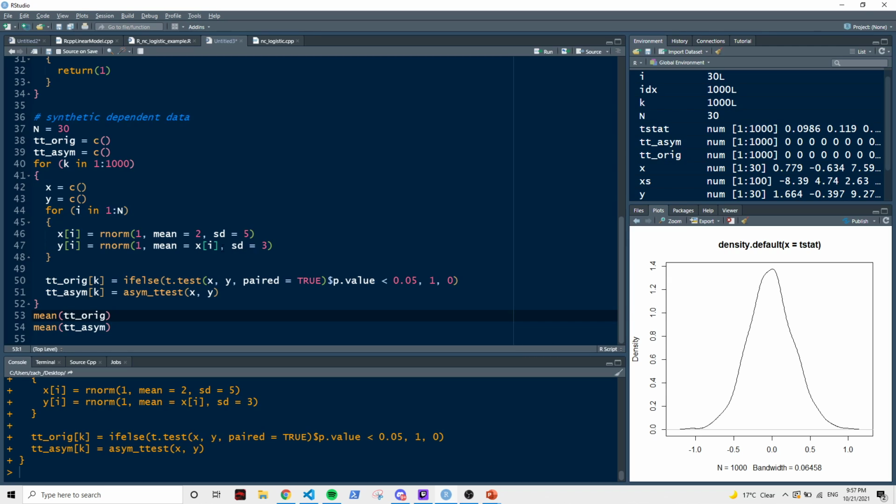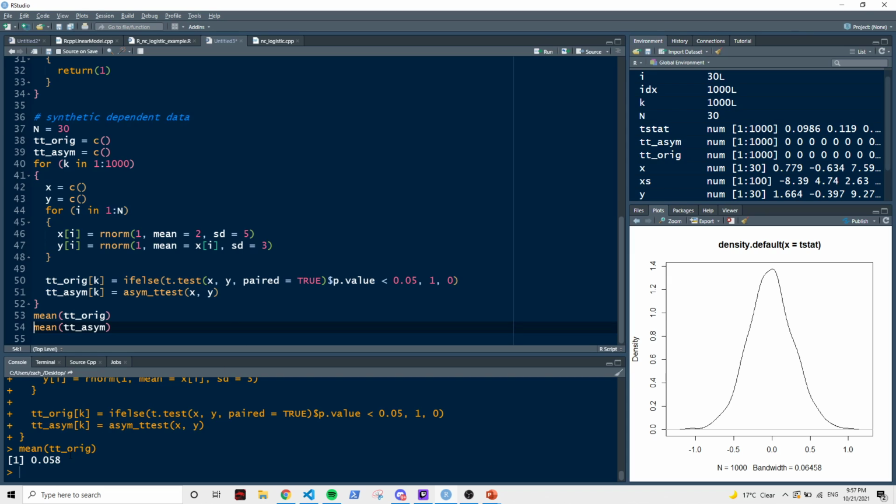So now, I forgot to mention, we are testing against the null hypothesis, and the null hypothesis in this case is true, because this mean is exactly x, and so theoretically there really shouldn't be that much of a difference.